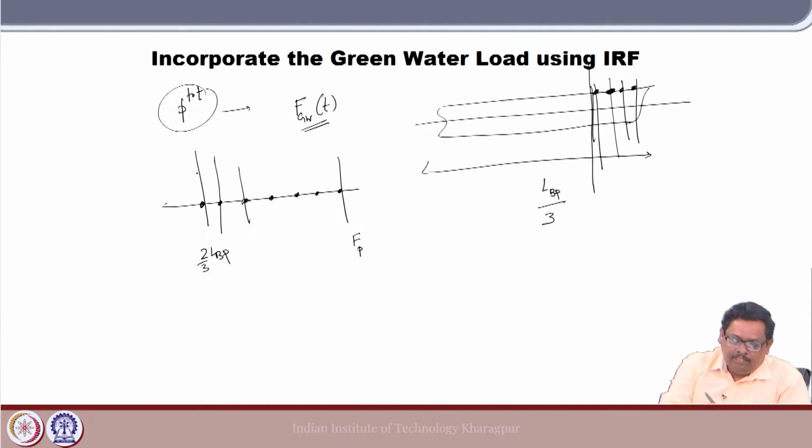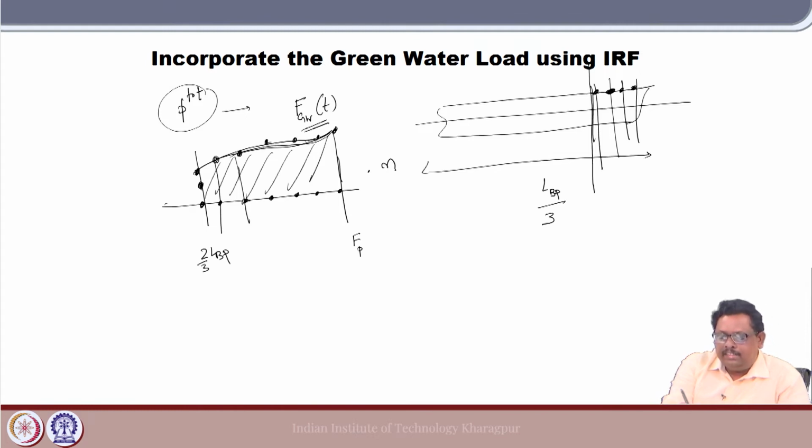Maybe this is the load, this is the load, and so on, and it should be less here. So, I can get a curve like this, or you can call it the pressure curve. Now, if you integrate the entire thing and multiply by NZ, then definitely you can get the green water load. So, this is one way of getting it.